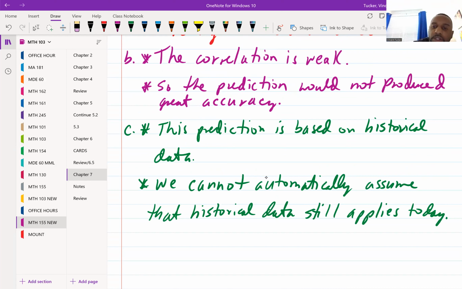All right, so this is based on historical data, and we cannot automatically assume that historical data still applies today.